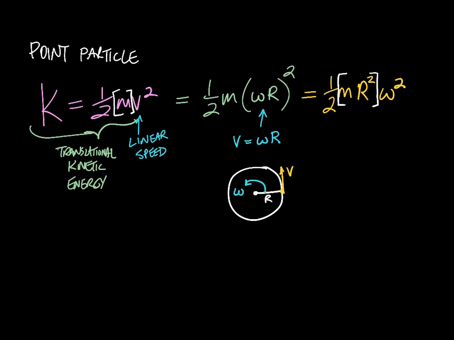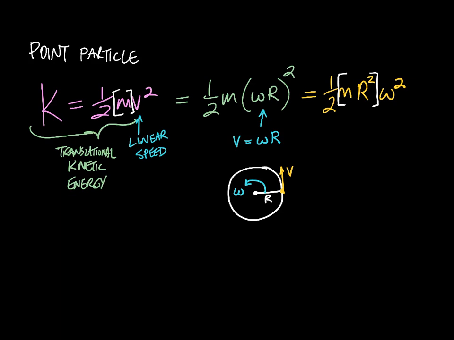Our old school stuff of a point particle moving, the v squared referred to the linear speed, whatever squaring speed means. All right? And now I've changed that v to be in terms of its angular speed, which required the constant of the radius in there. And now it's omega squared. So now I have this different thing.